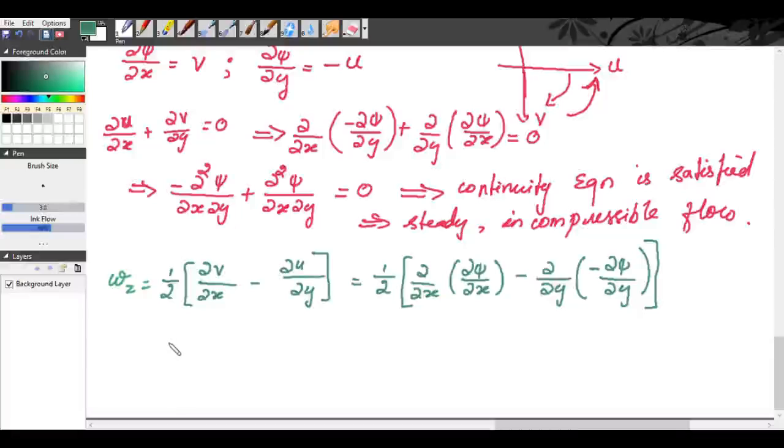So what we get is half of dou square psi by dou x square plus dou square psi by dou y square.